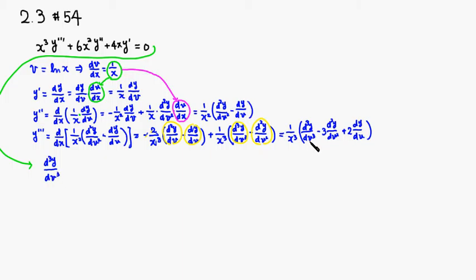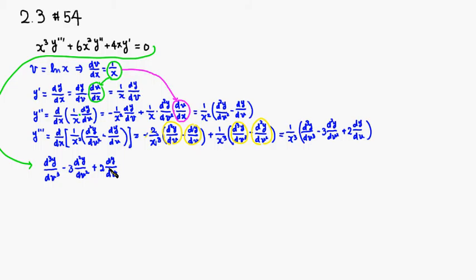Right, so that's this guy right here. These are canceled out, and a minus 3 second derivative of y with respect to v, plus 2 times dy over dv.